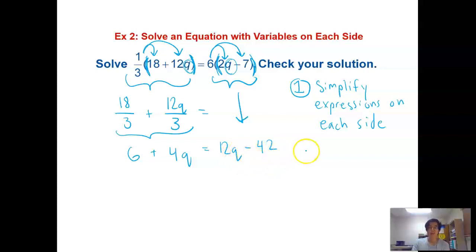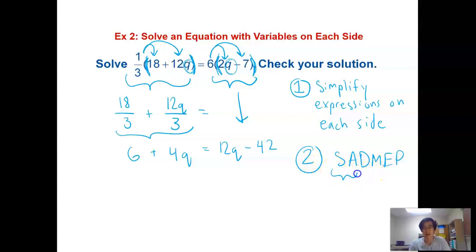So the second step is that I want to find the variable by undoing the order of operations. SADMEP. So let's look at subtraction and addition first. I first want to get the variables on one side of the equation. So let's get rid of 4q.